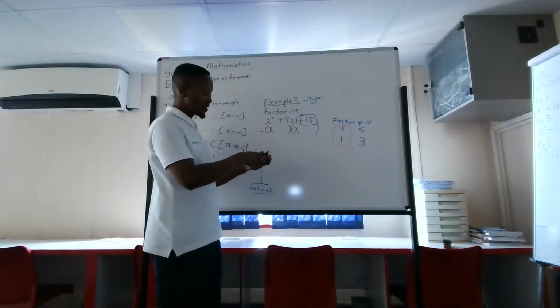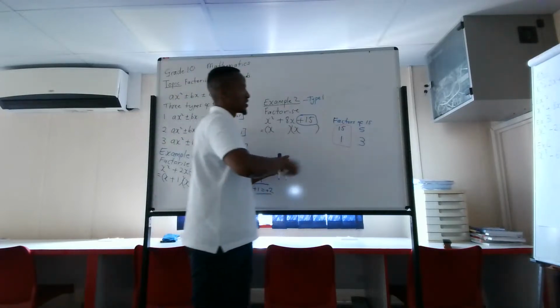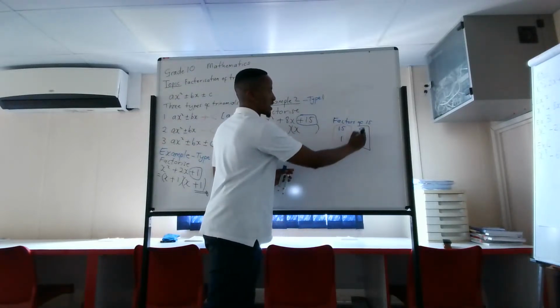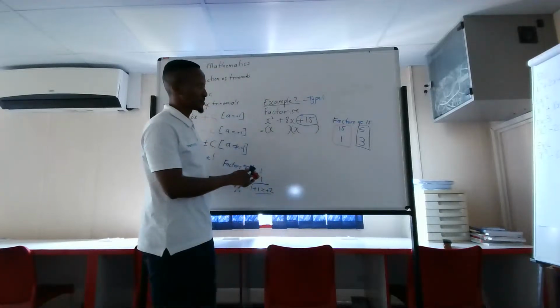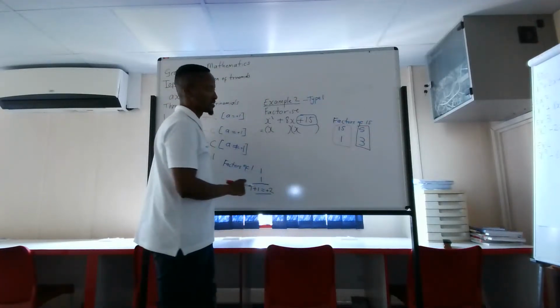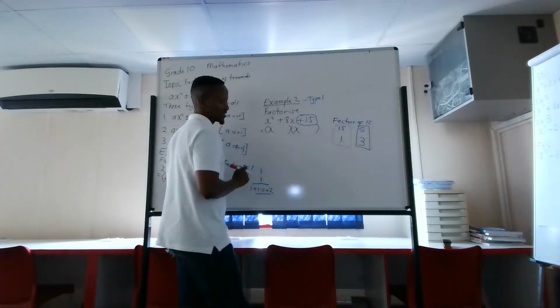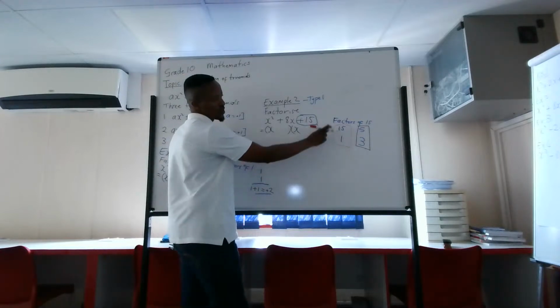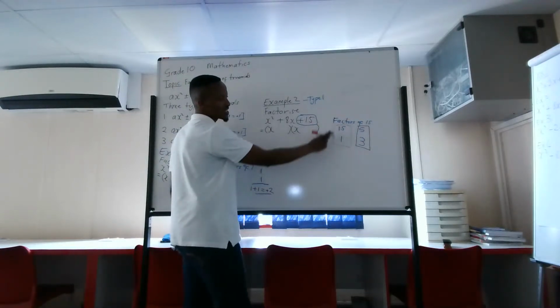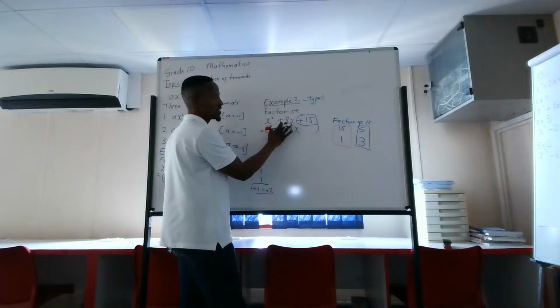The second pair that we have is 5 and 3. Remember what we said. With these pairs of factors, you want to add them or subtract them such that they give us the middle term, which is the coefficient of x. The coefficient of x is positive 8.